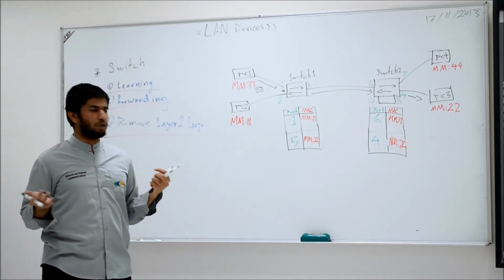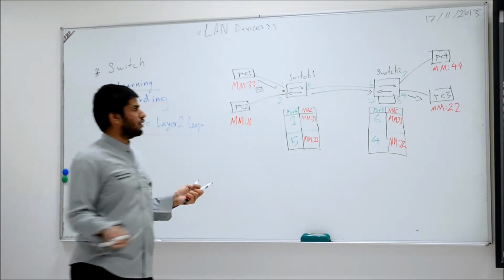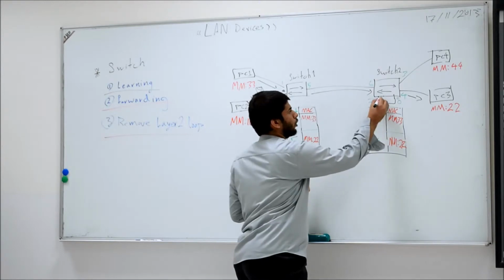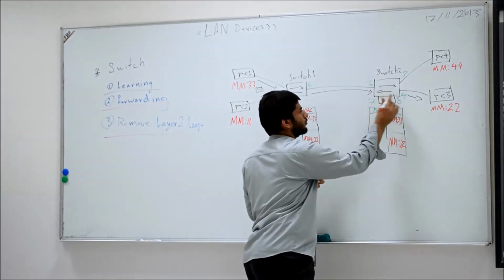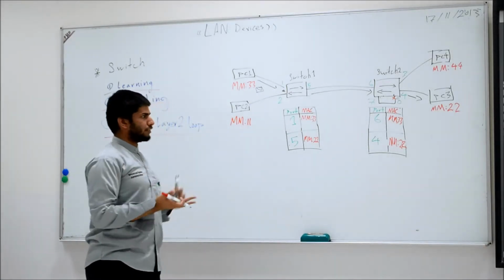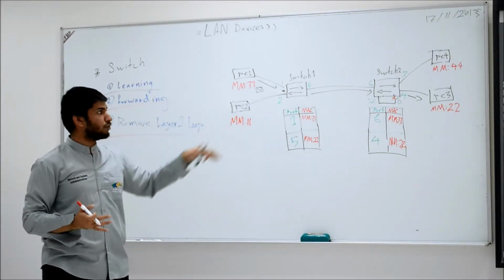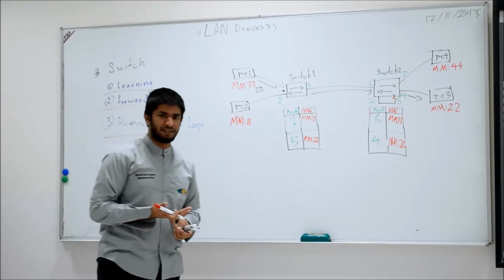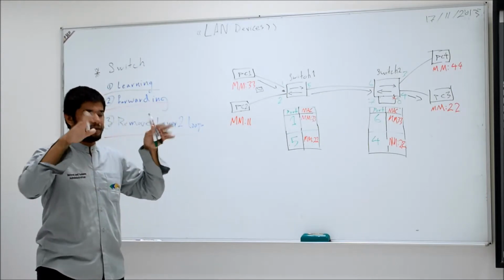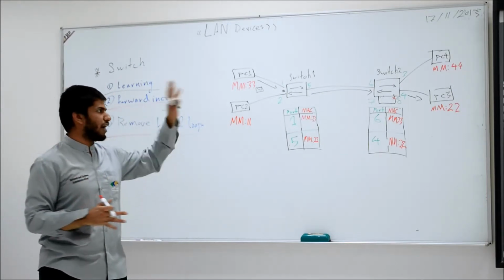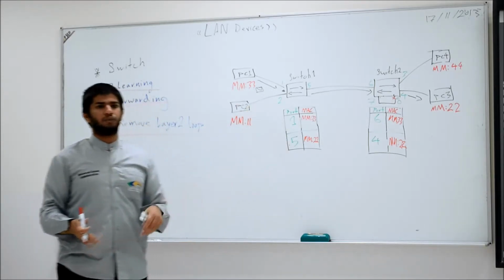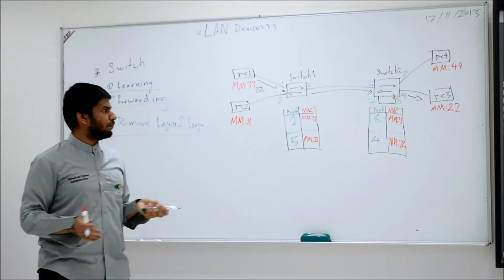So the Spanning Tree Protocol, what does it do? It closes one of these ports. There is a rule for it. There are the priority and the MAC address: the lowest priority, the lowest MAC address, on the same switch, and the lowest port number.